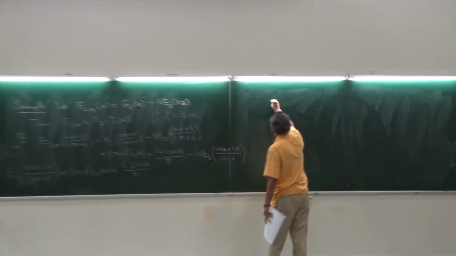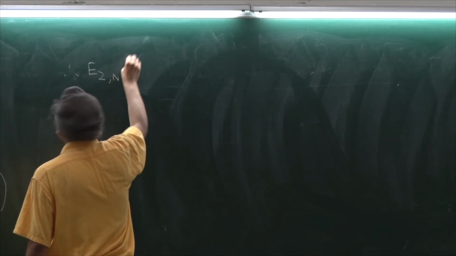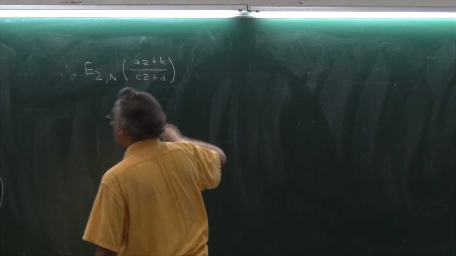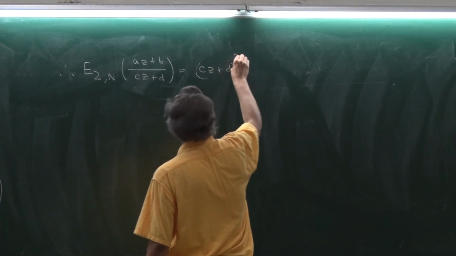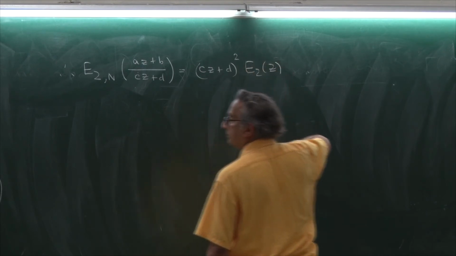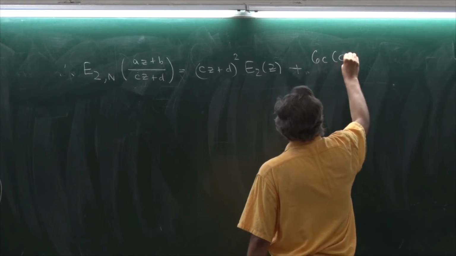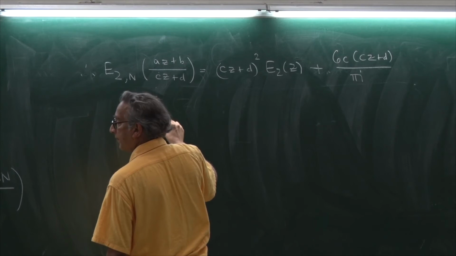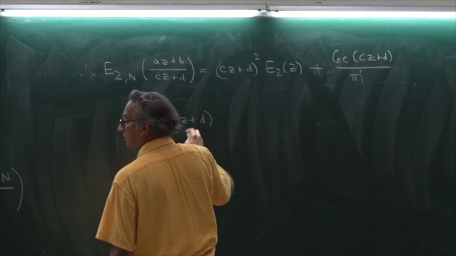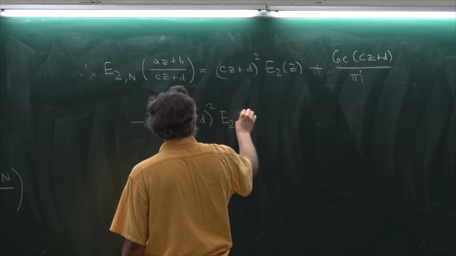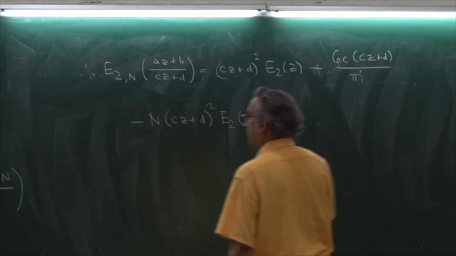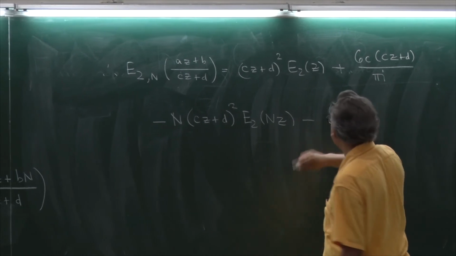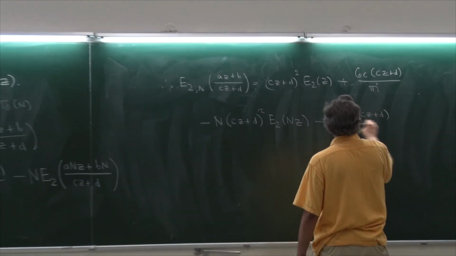So therefore, E2n of (az + b)/(cz + d) equals minus n times ... minus 6c ... c over n, and the n cancels, so that's 6c over (cz + d) times pi i.